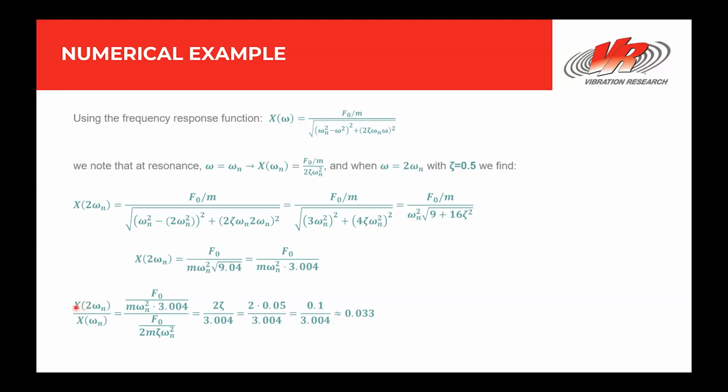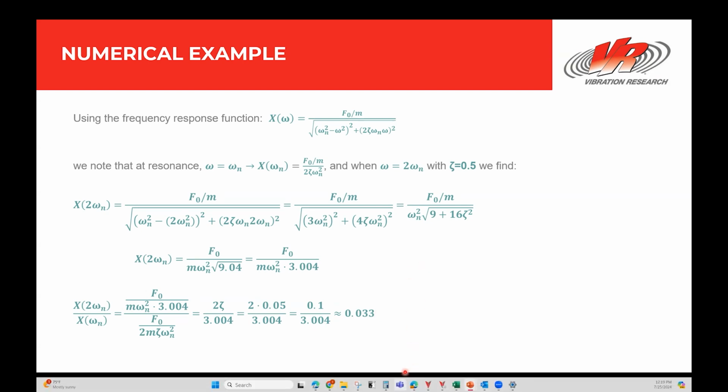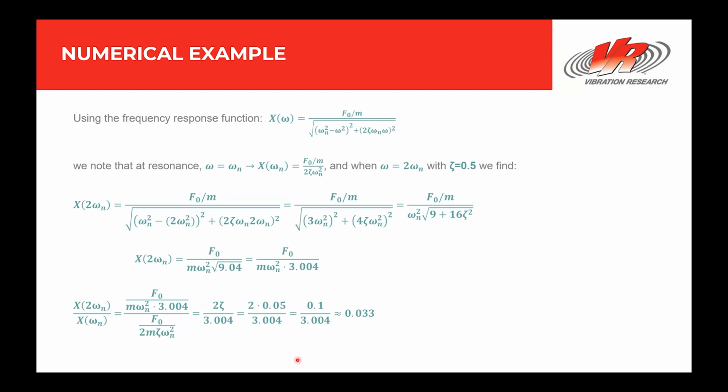So the frequency response function at twice the natural frequency divided by just the frequency response function at the natural frequency works out to a reduction to about 3.3%. So by the time we get out to twice the natural frequency, we've reduced the amplitude by about 97%. And that's why the factor of 2 rule works mathematically.